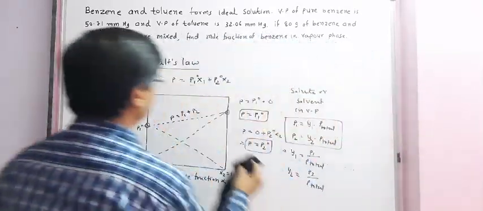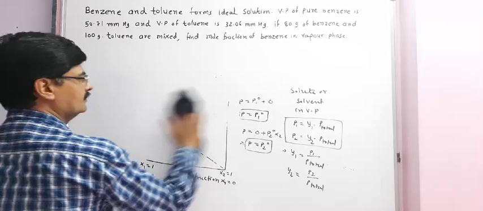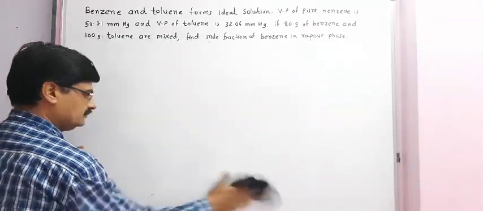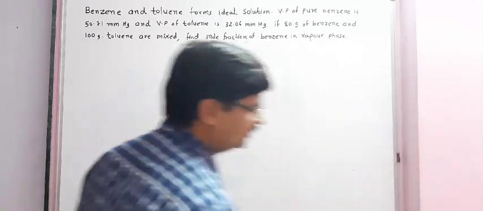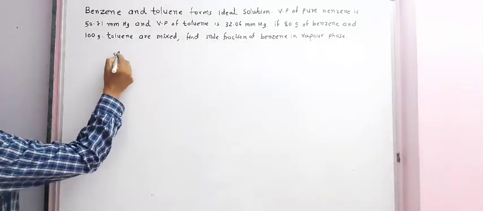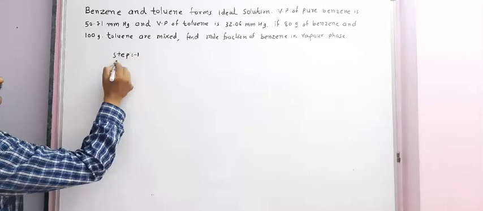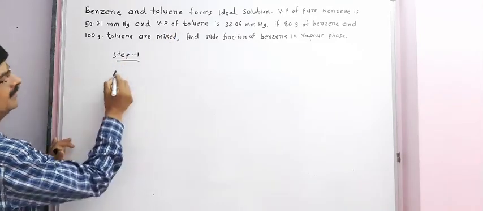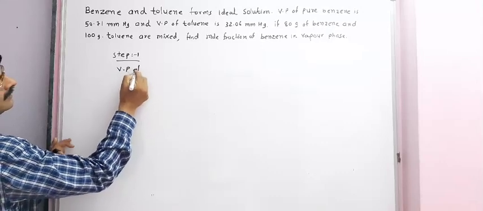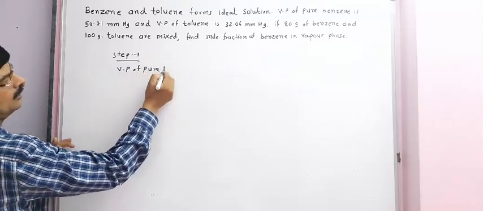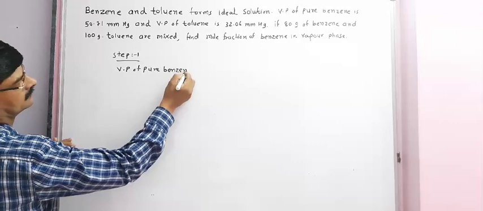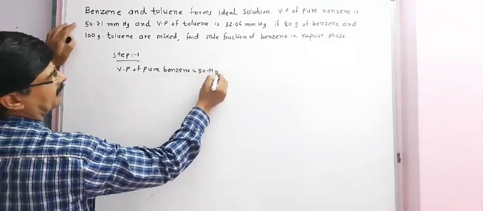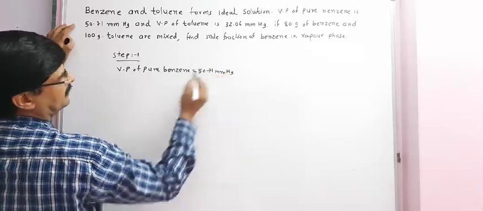Now we will study the example. How to solve the example? Create the solution. Step number 1: first we will write the data which is available. Vapor pressure of pure benzene is equal to 50.71 mmHg.